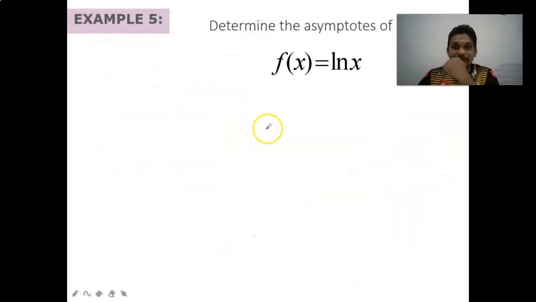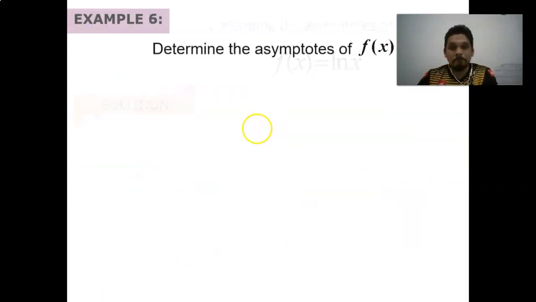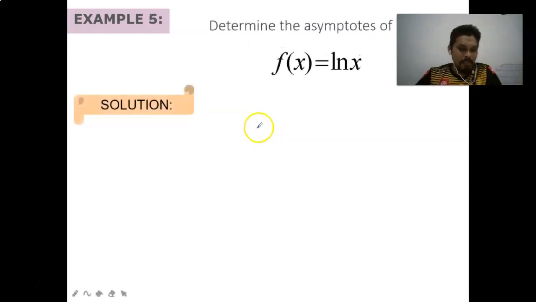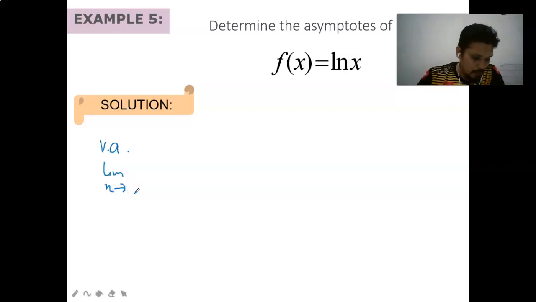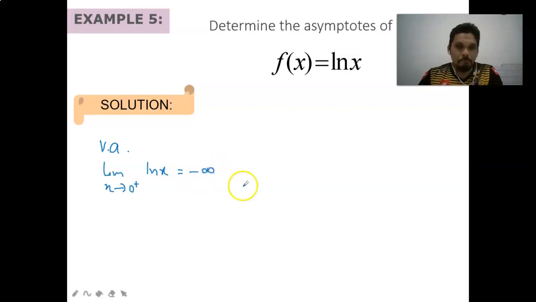Now determine the asymptote of f(x) equal to ln x. Okay, so the solution here: for the vertical asymptote, the limit as x approaches 0 from the right side of the natural log of x equals negative infinity.